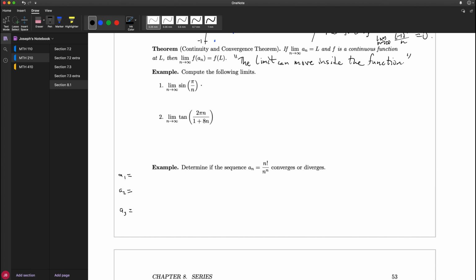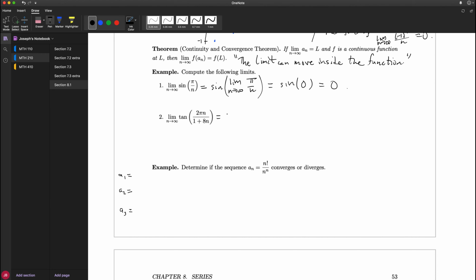So when we look here, because sine is what's known as a continuous function, if you remember the definition of that from Calc 1, then we can take the limit here and move it inside the sine function. And now apply what we know. So as n becomes large, pi over n is very, very close to 0, right? So this limit on the inside is 0. Oh, well, sine of 0 is 0, right?